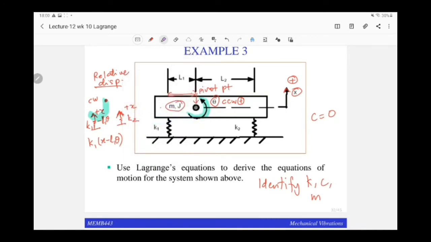For K2, you do the same thing. If you look at this arrowhead, you go from this point to this arrowhead. It goes like this, yeah? Or I can say it goes like this as well, because it's a circle, isn't it?